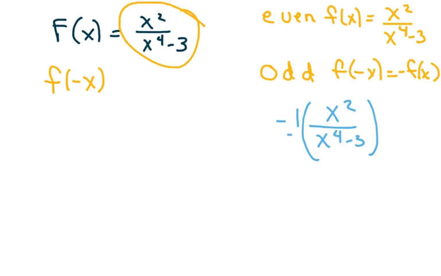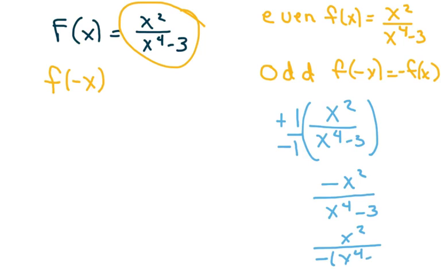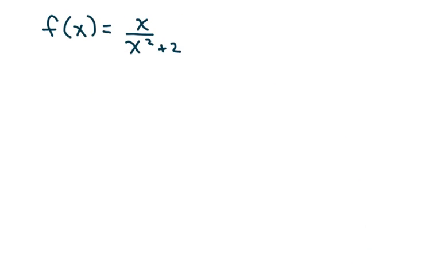So that's negative 1 over 1. You negate the numerator but not the denominator, or we can negate the denominator but not the numerator. So in this case, it would be x squared over negative x to the 4th plus 3.